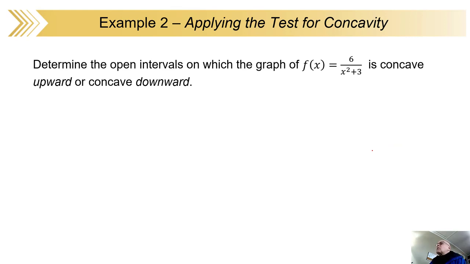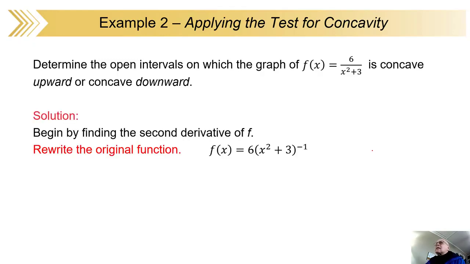What open intervals find that function concave upward or concave downward? Let's see. Well, no big surprise. We're going to differentiate twice. First, so we can use the power rule, we're going to rewrite the original function.